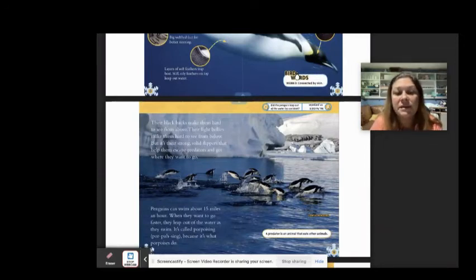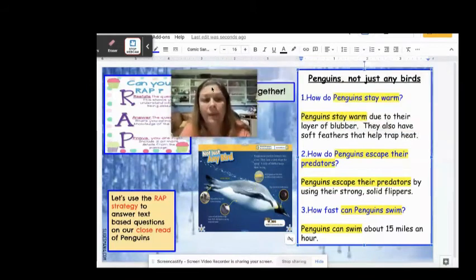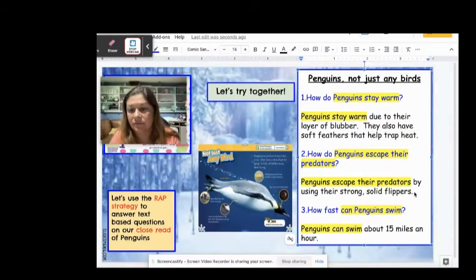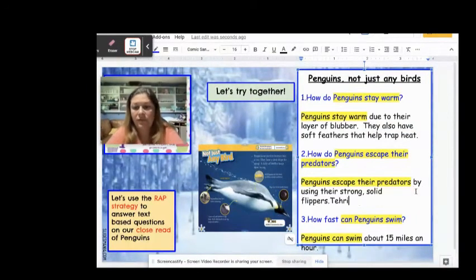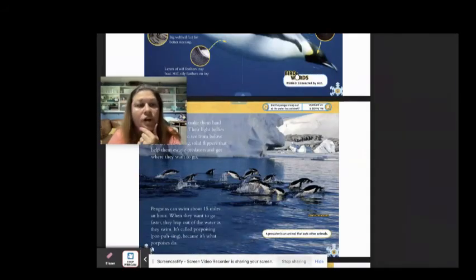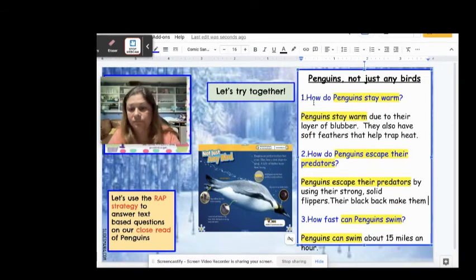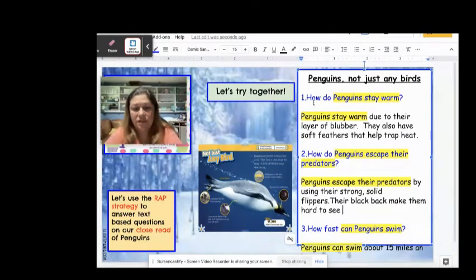So let's add that their black backs make them, what did it say? Hard to see from above. All right.